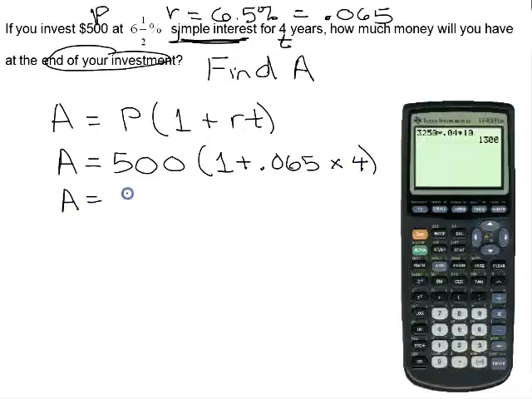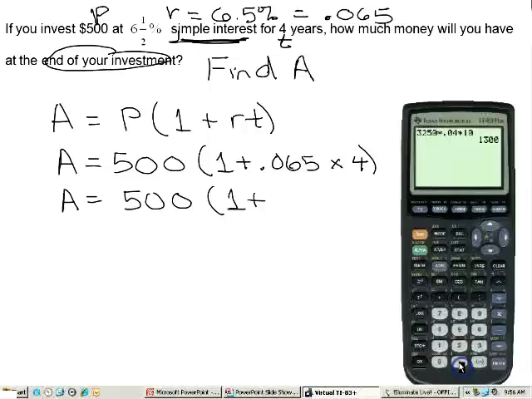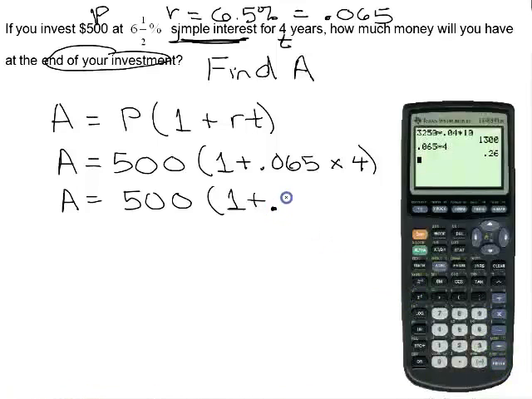So let's see what we're going to have here. We'll have 500 times parentheses 1 plus 0.065 times 4. That's 0.26.